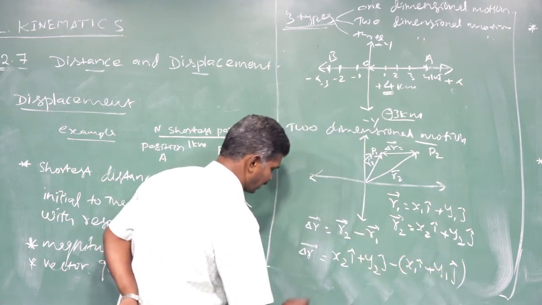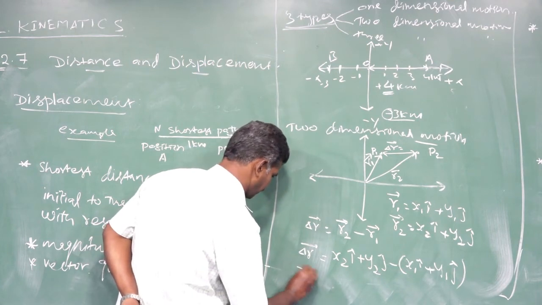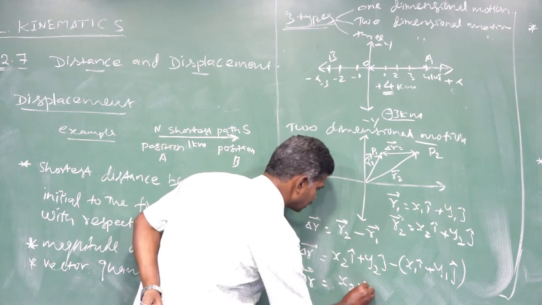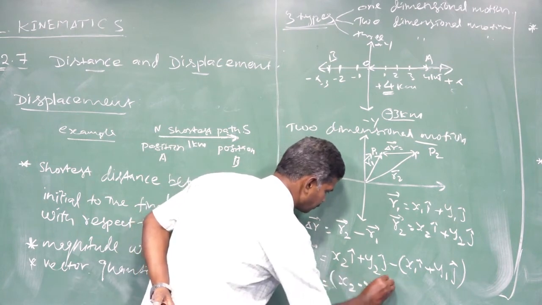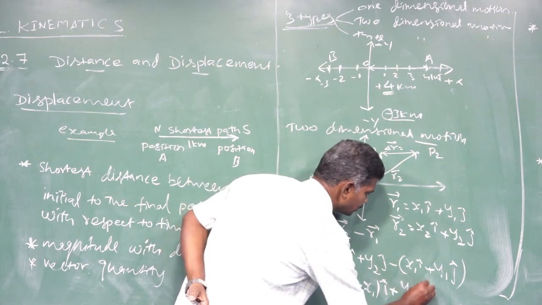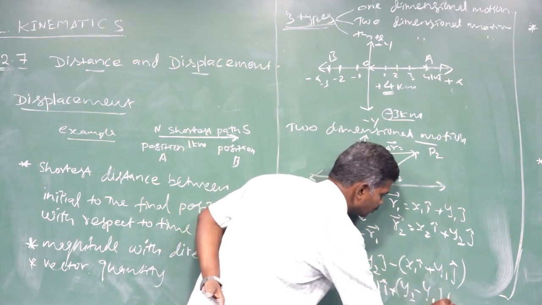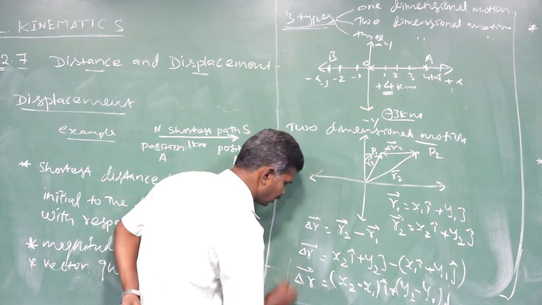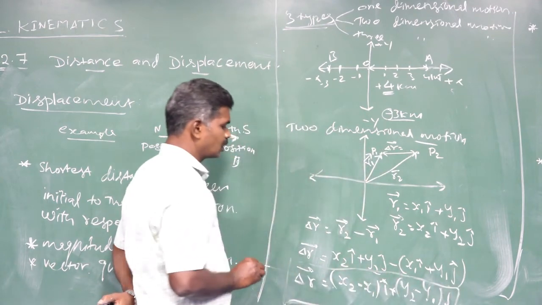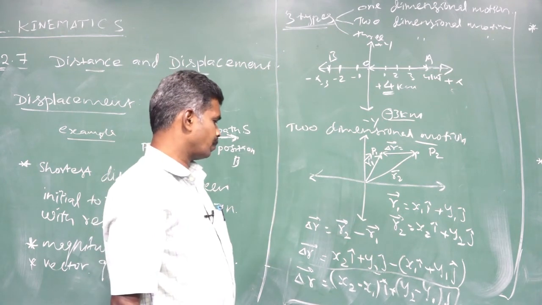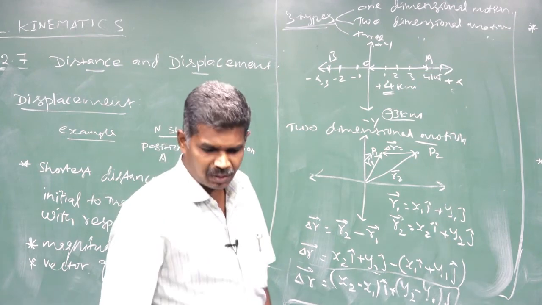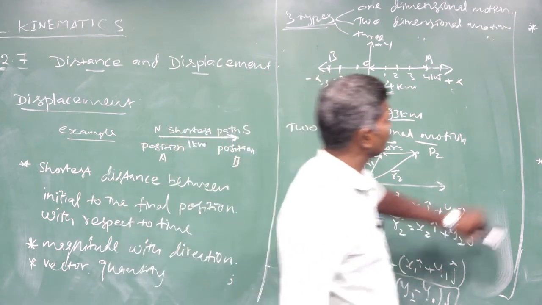Simplifying, del R vector equals x2 minus x1 into i cap plus y2 minus y1 into j cap, which is the displacement vector. The displacement vector contains both x component and y component.